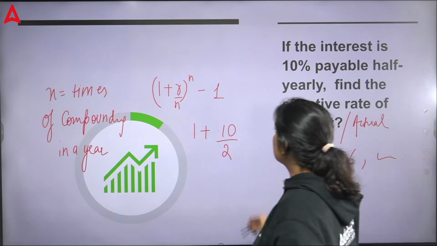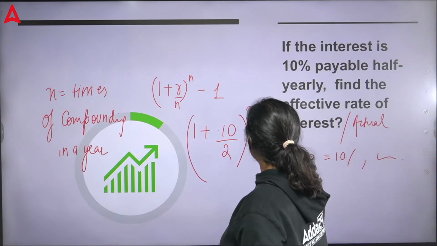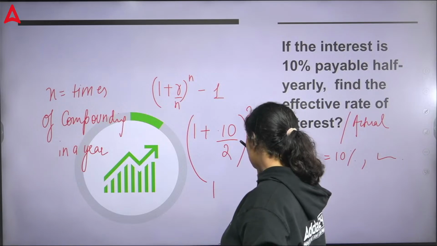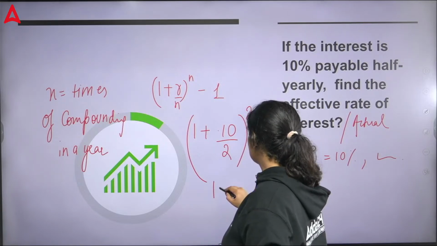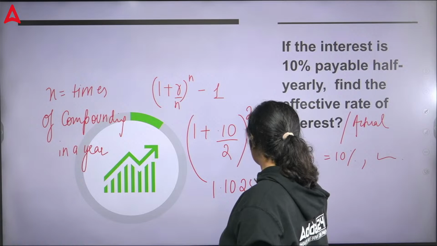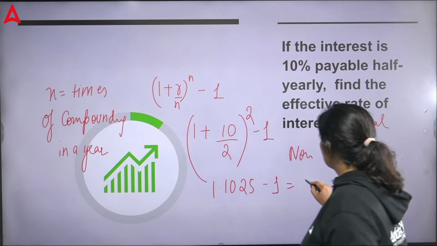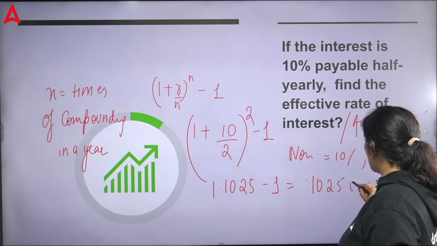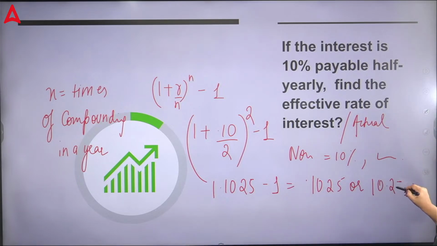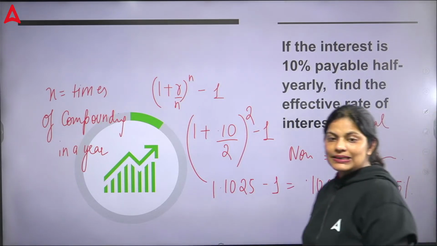So this will be (1.05) power 2 minus 1, which comes as 1.1025 minus 1, that is 0.1025, or could be written as 10.25%. I hope it is clear.